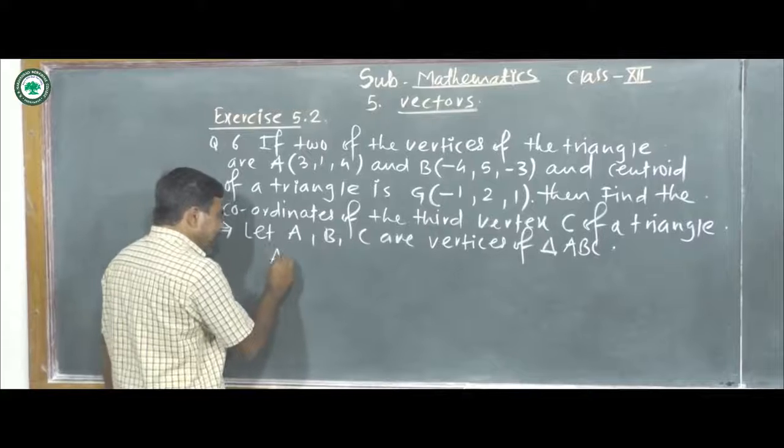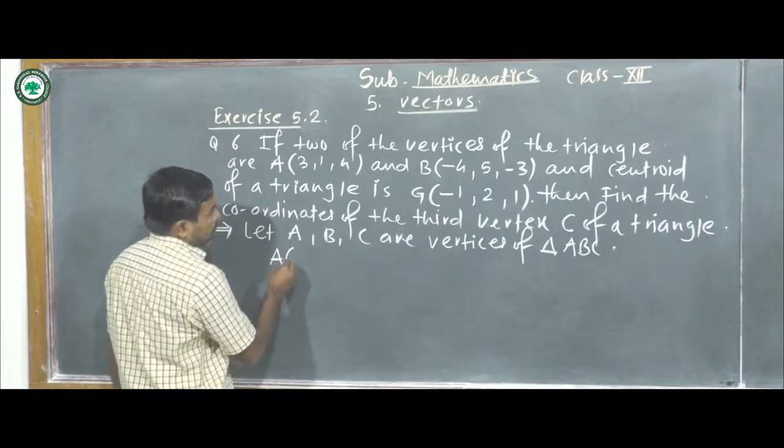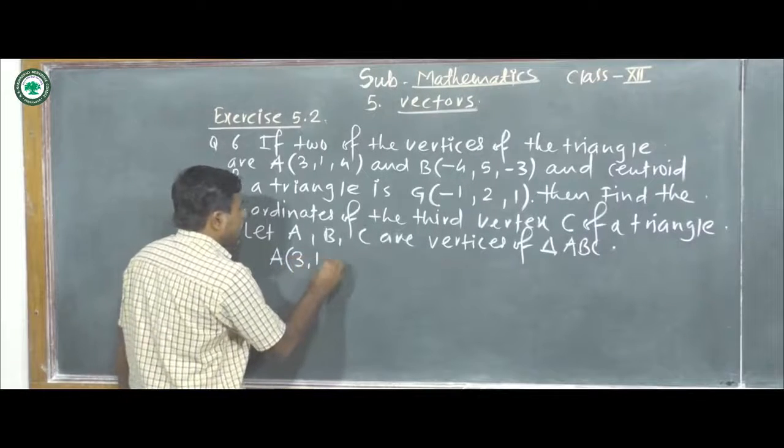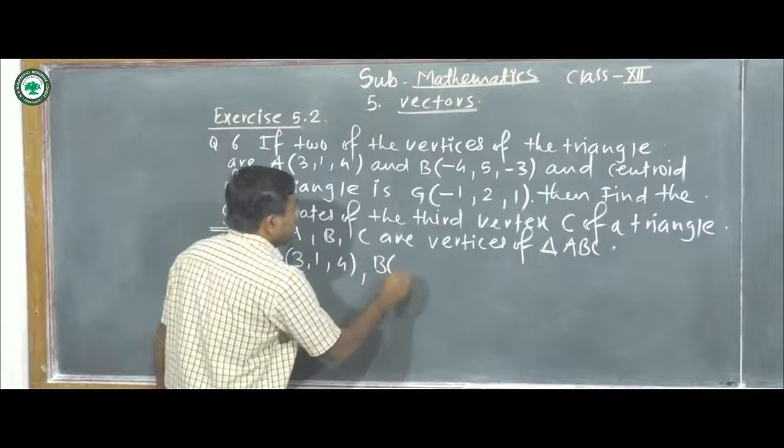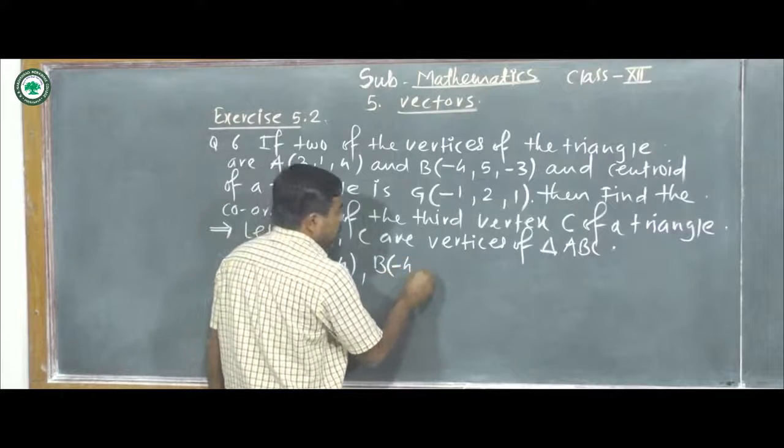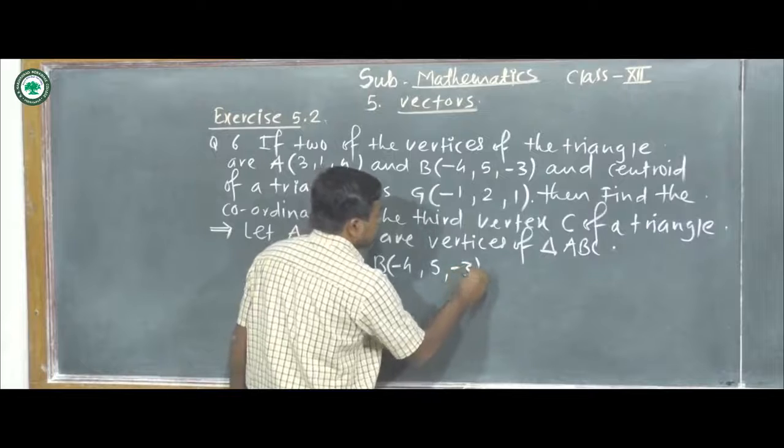Capital A is (3, 1, 4). Point B is (-4, 5, -3).